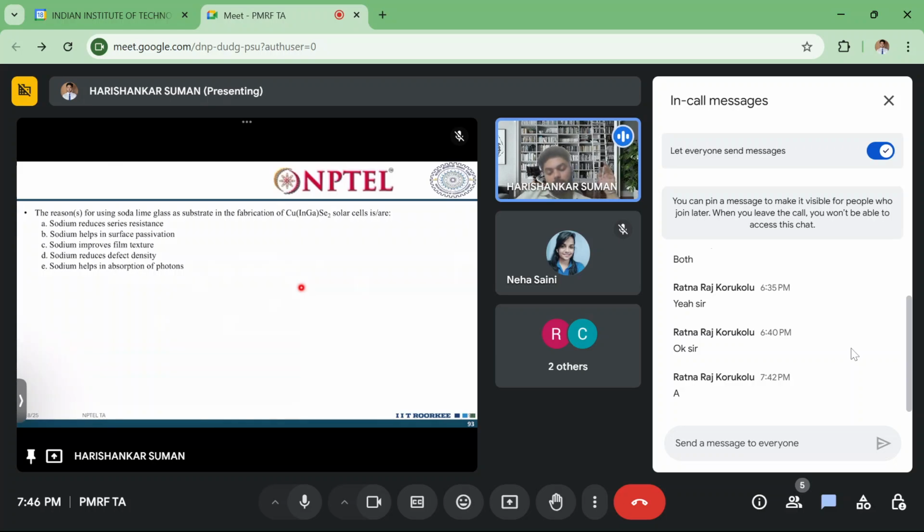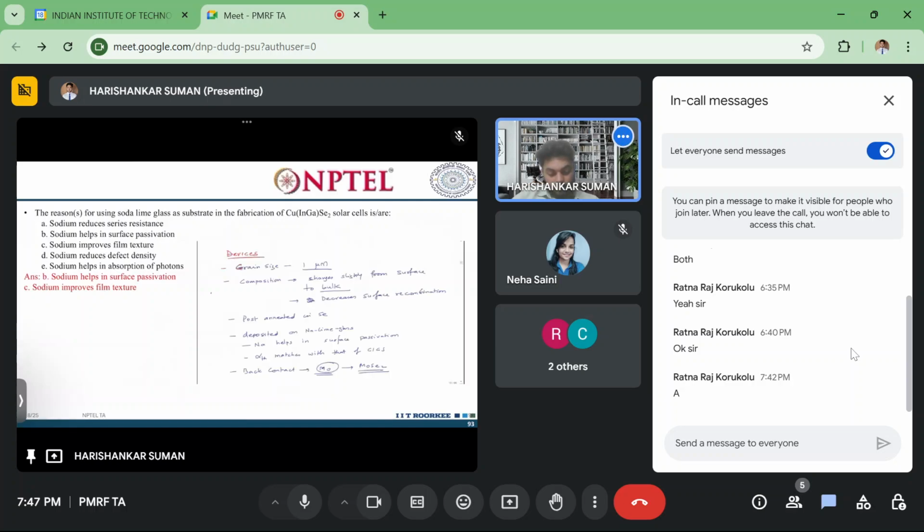Soda lime glass. So answer is sodium helps in surface passivation and sodium improves the film texture. You can see surface passivation.